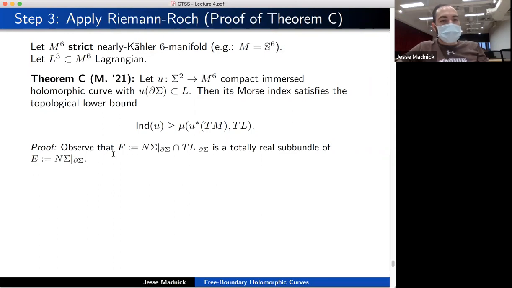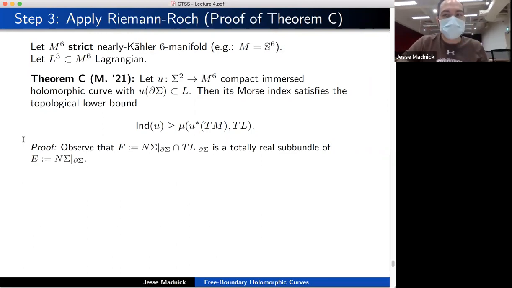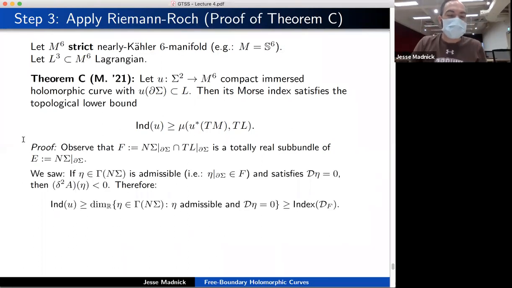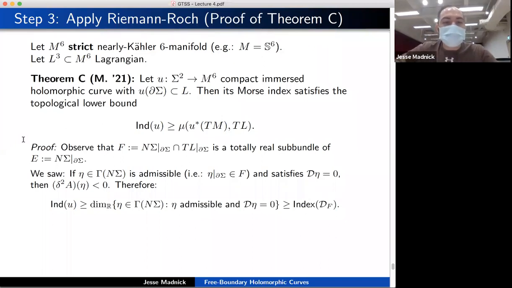So this is our bundle pair here. This is our E and this is our F that we're going to apply our generalized Riemann-Roch theorem to. And what we've seen on the previous slide is that if eta is admissible, that means that eta satisfies this totally real boundary condition, and if eta is in the kernel of D, so it's holomorphic, then it's destabilized.